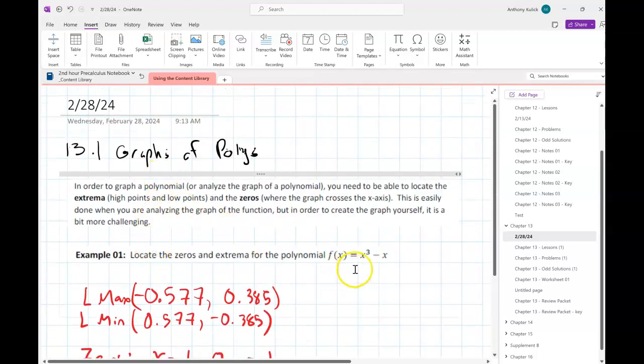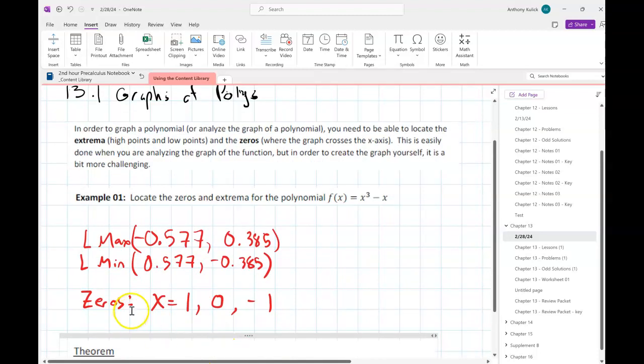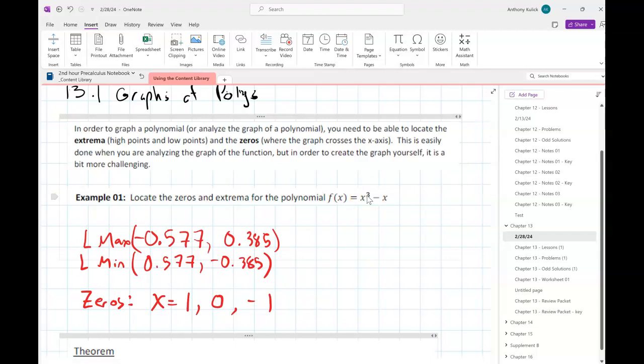So if I look at this previous example, what is the degree for this polynomial? 3. So it says it can have at most 3 zeros. There's our 3. And it can have at most n minus 1, so 3 minus 1, or just 2 extrema, and there's our 2 extrema, right?